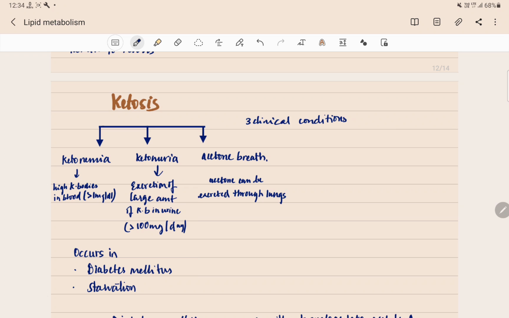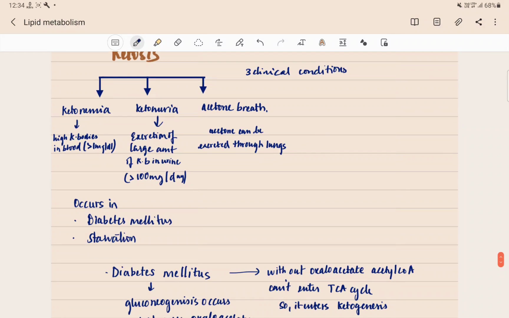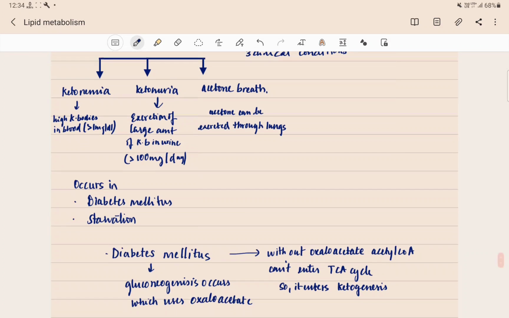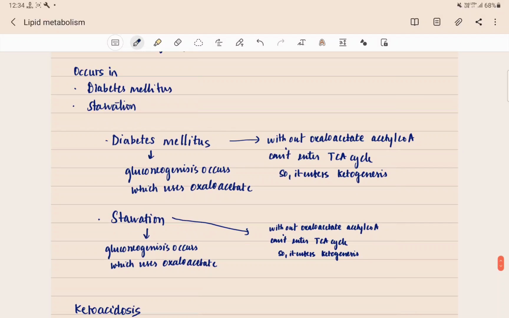Acetone breath means that the increased ketone body acetone is excreted through the lungs, or expired through the lungs. These are the three things that occur in ketosis: ketonemia, ketonuria, and acetone breath.